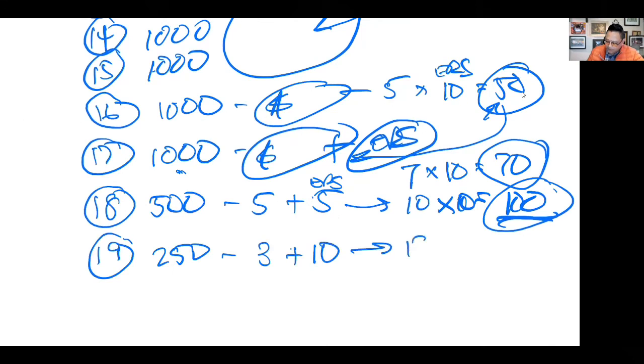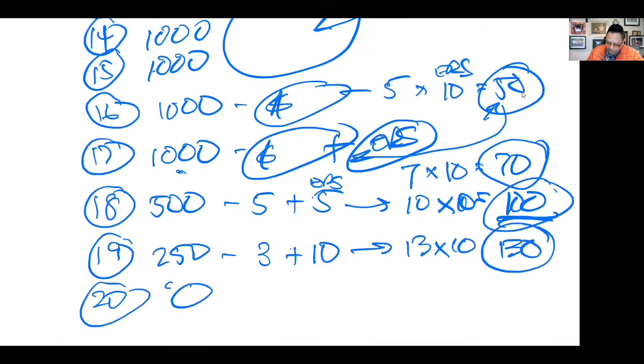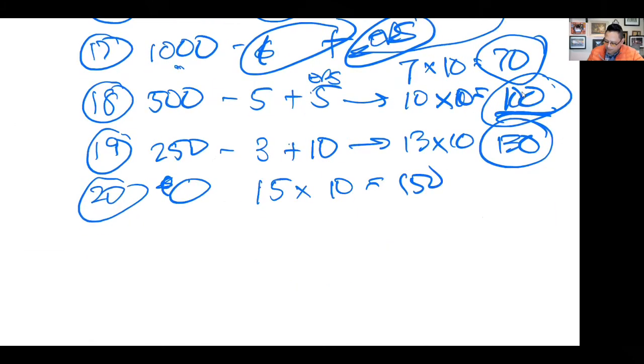Now that's 13 times 10. That's another 130 names, right? Pretty much by week 20, you don't have to do anything on leads. And then you're selling like what? 15 policies, 15 families times 10, that's 150 names. See how this kind of goes on?